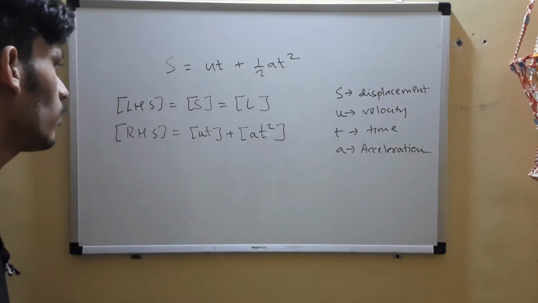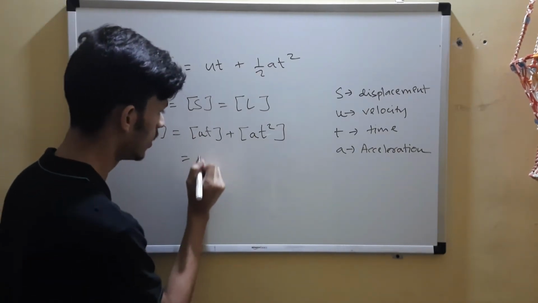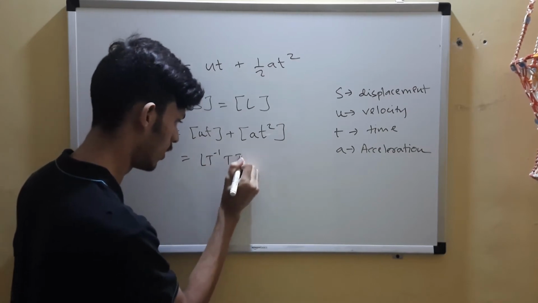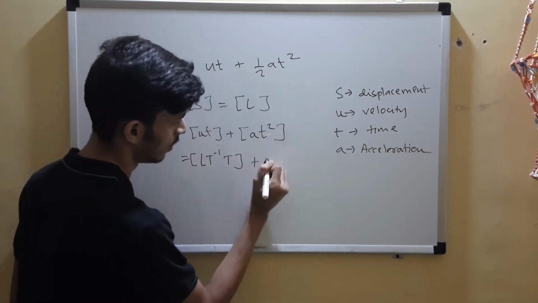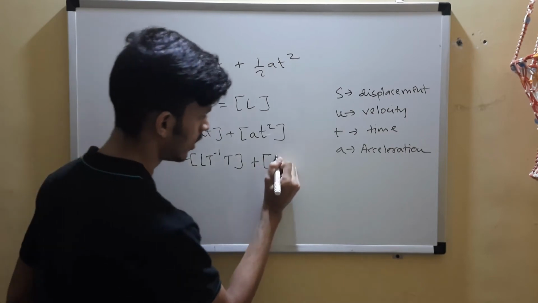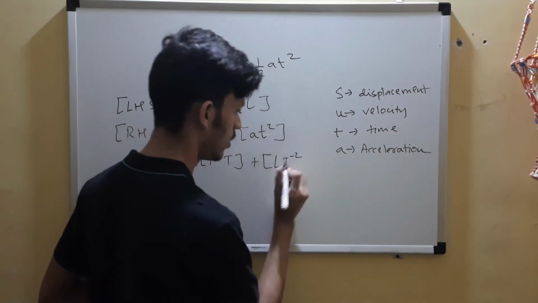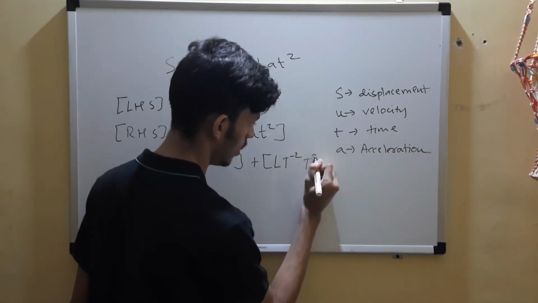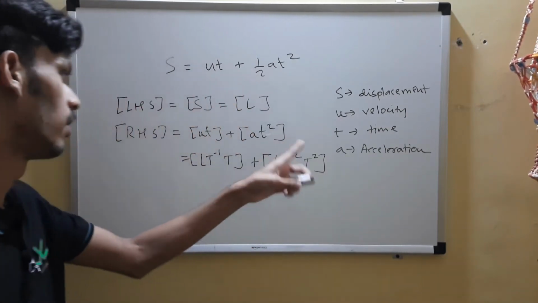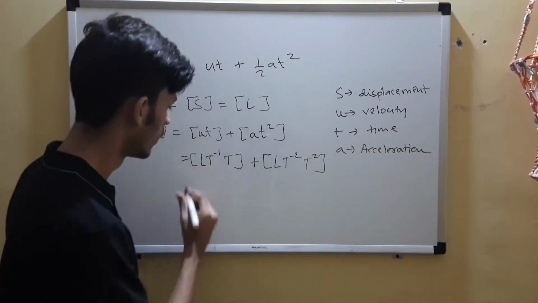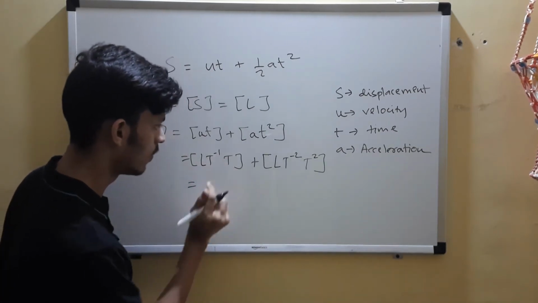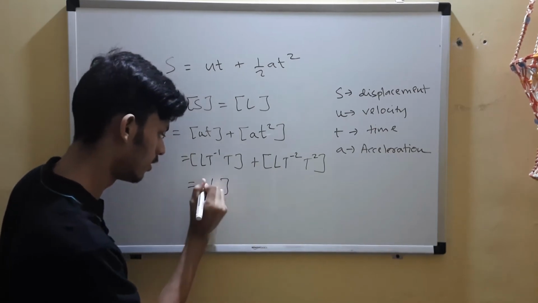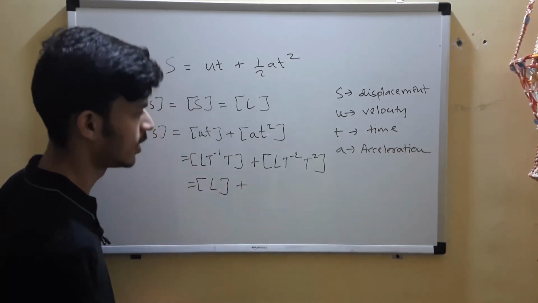So now let's simplify this. u is velocity, and now we know what velocity means, LT raised to minus 1. a is acceleration, meter second raised to minus 2, LT raised to minus 2, and we have t square over there. So t square, time square. Now minus 1 plus 1 is 0, so T raised to 0. Even if you don't want to write that, you can simply state it this way.